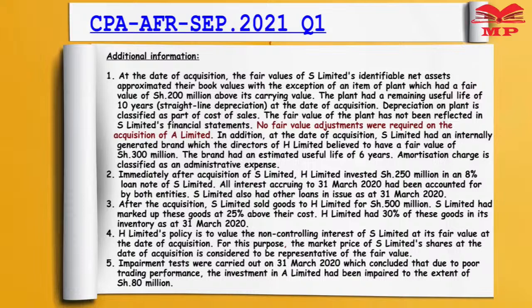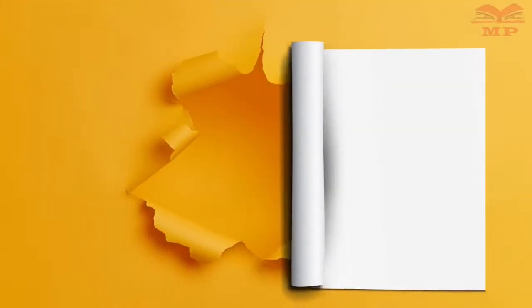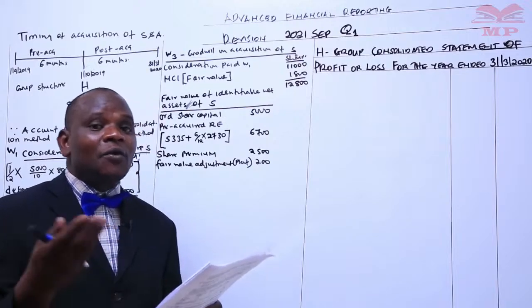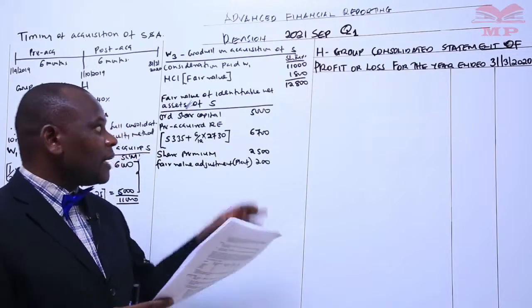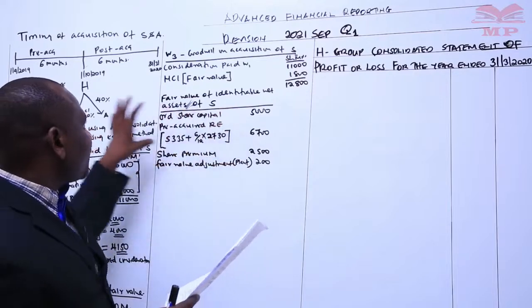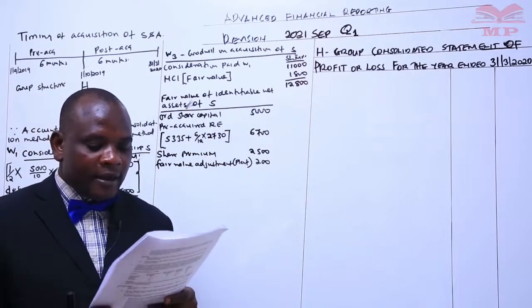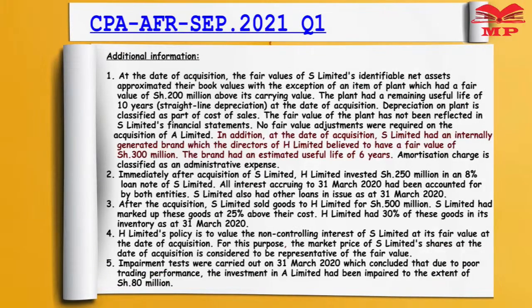No fair value adjustment was required on acquisition of A. According to IAS 28, there is no need, because we don't calculate goodwill, we calculate investment in A. Then, in addition, at the date of acquisition, S had an internally generated brand which the directors of H believed to have a fair value of 300 million, with an estimated useful life of 6 years.